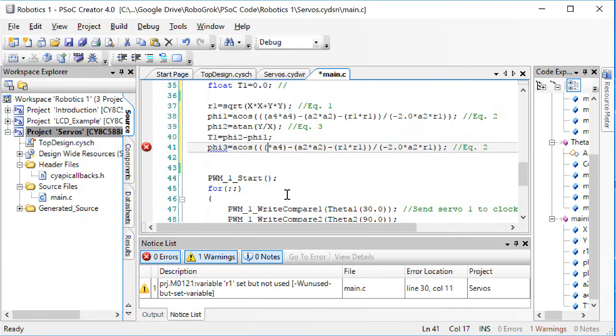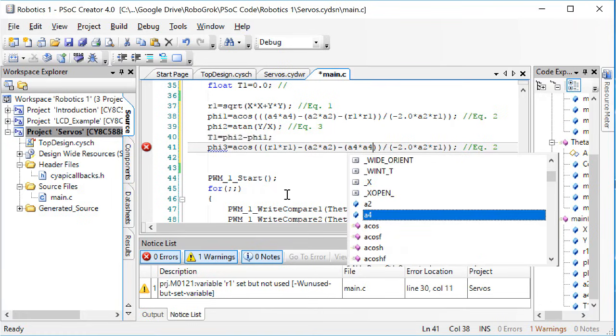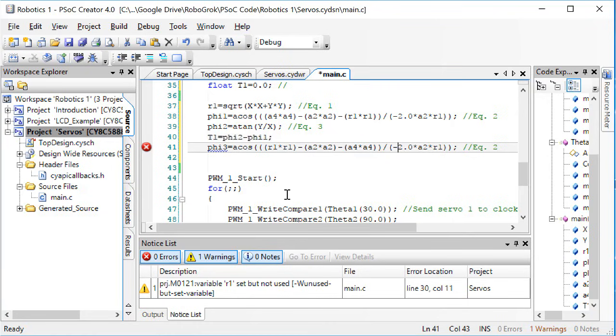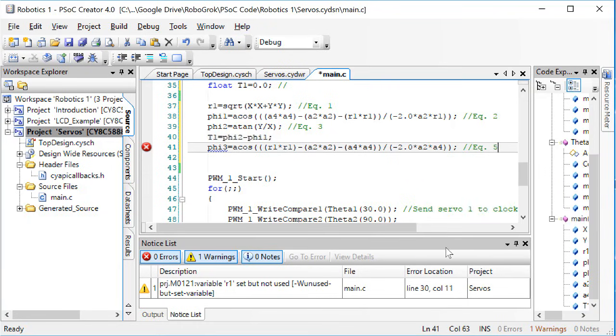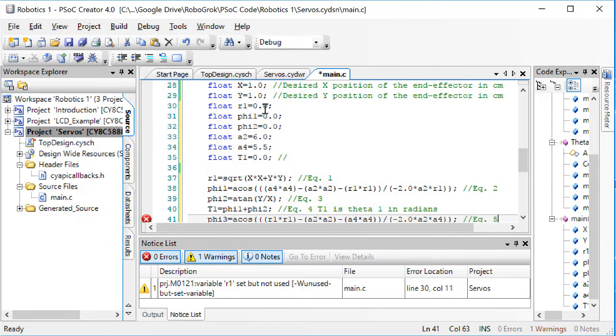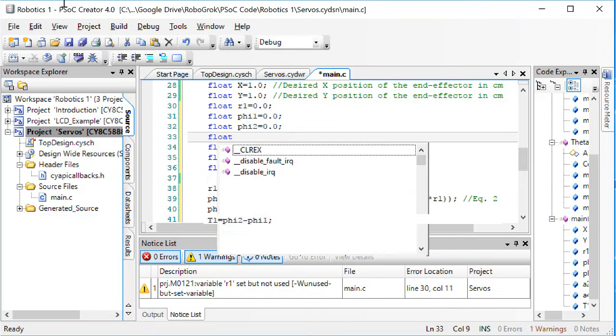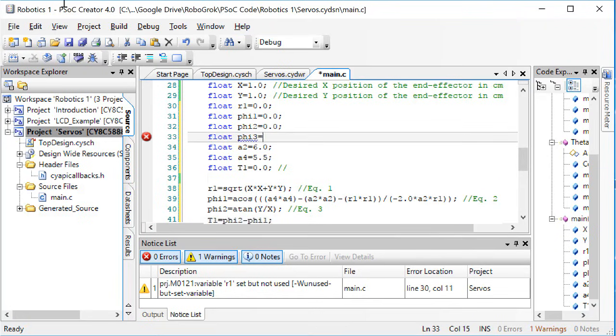Then this should be R1 times R1 minus A2 times A2 minus A4 times A4, and then divided by -2 times A2 times A4. There we go. This is equation number 5, and we haven't yet declared phi3, so let's go up and do that. Float phi3, like that.